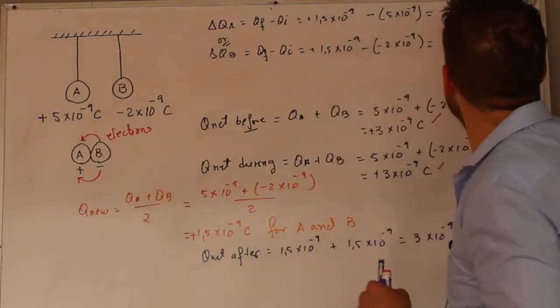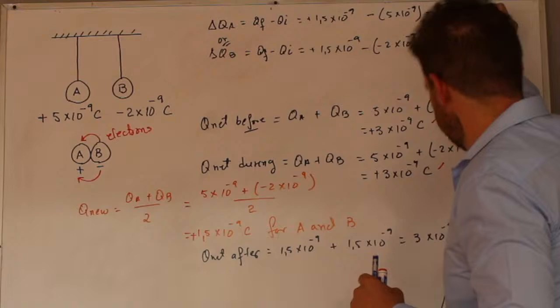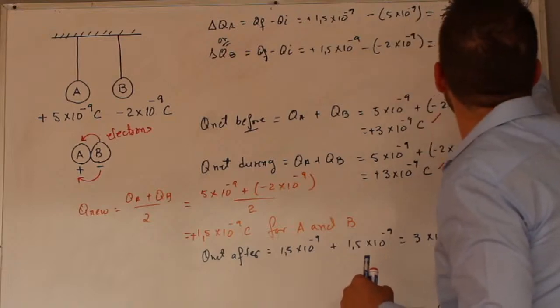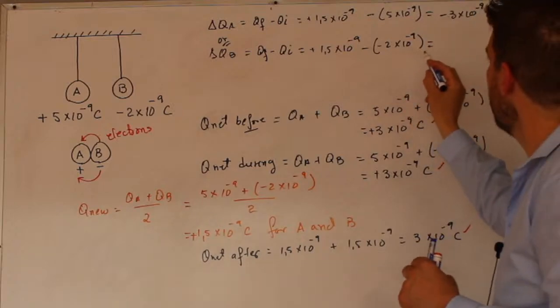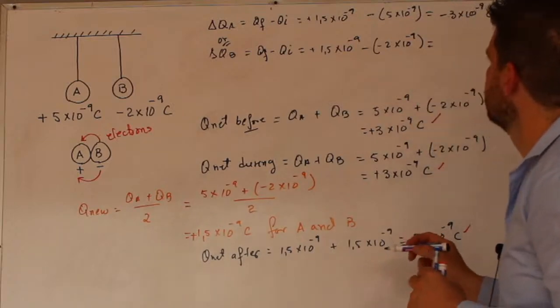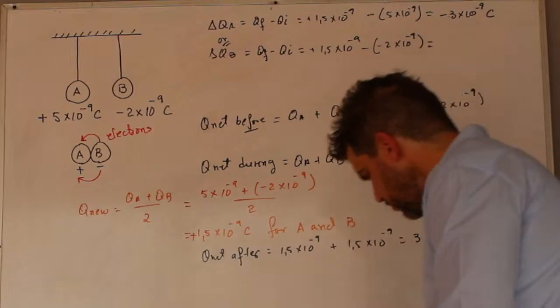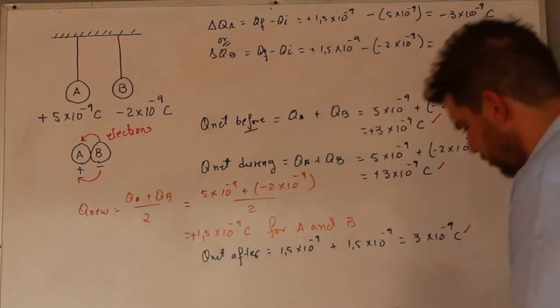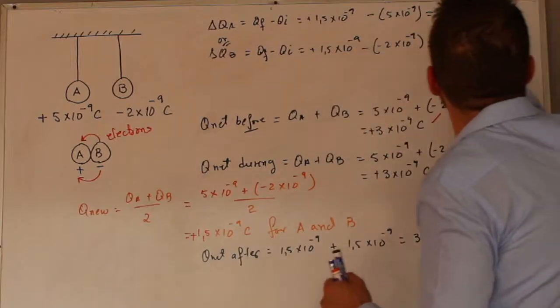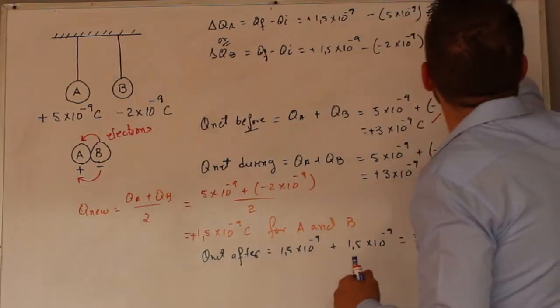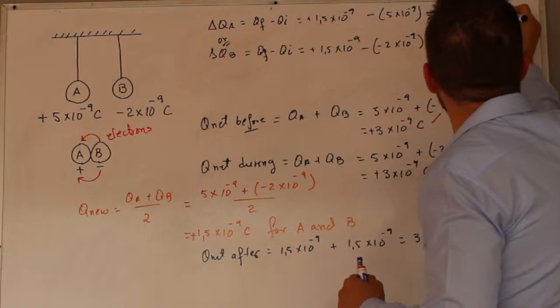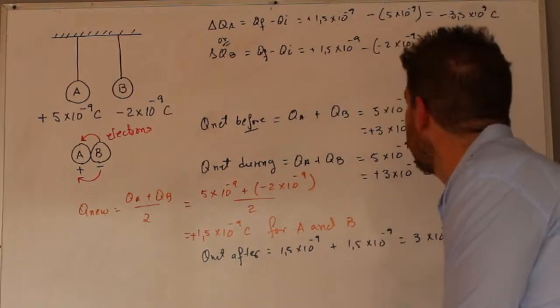Here you will get minus 3 times 10 to the minus 9 coulomb. In the next one, you will also get that answer. All right. Did you know the next one? 3,5. Wait. I get 3,5, guys. Sorry. Let's fix it here. 3,5 times 10 to the minus 9 coulomb. If you do the other calculation, you'll get the same answer.